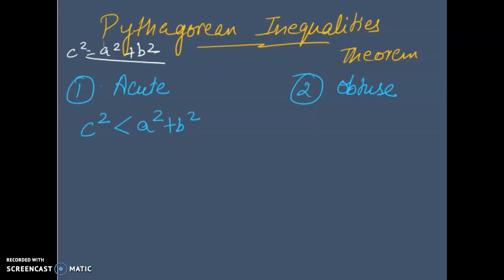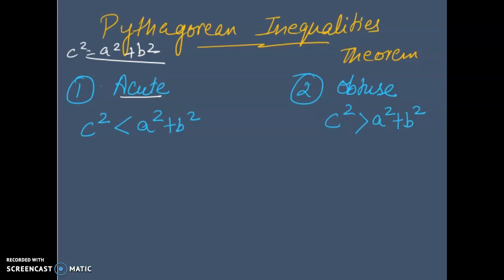But when the hypotenuse squared is less than the sum of the squares of the legs, then it becomes acute. Now, in what condition will the triangle be obtuse? When C squared, that means hypotenuse squared, is greater than A squared plus B squared. In those scenarios, it is an obtuse triangle.